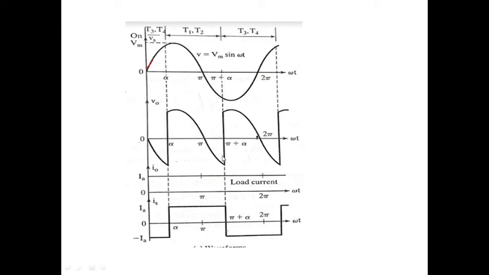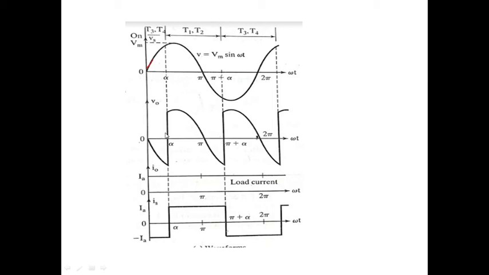You can see here, to calculate the average voltage we need to identify the periodic waveform. I will consider from here to here as a periodic waveform, and this same thing will repeat, from alpha to pi plus alpha.